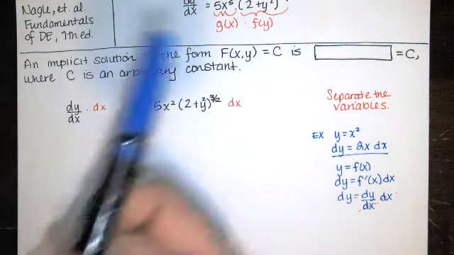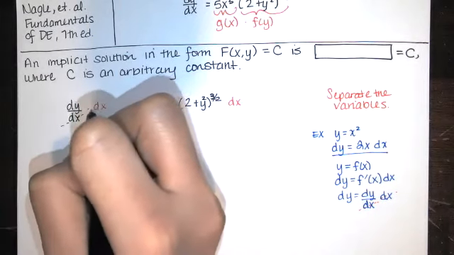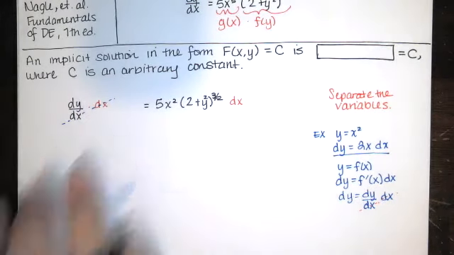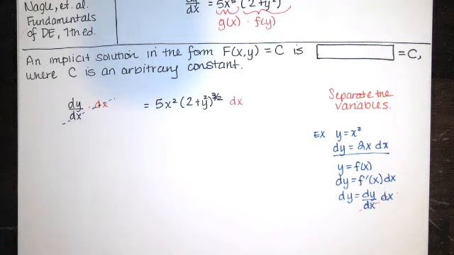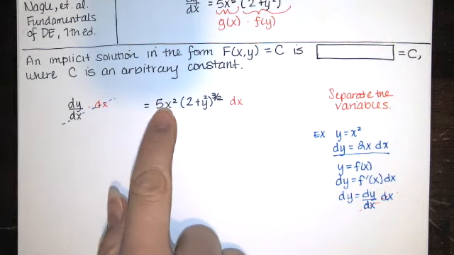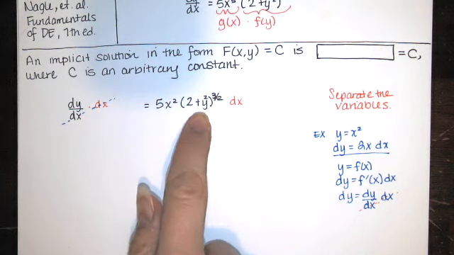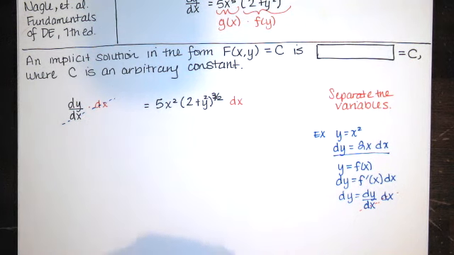So this here, it's kind of like the dx's cancel out and we get dy because the derivative times dx is the definition of dy. And I've got a dy on this side, and I've got a function of x times a function of y times dx over here.